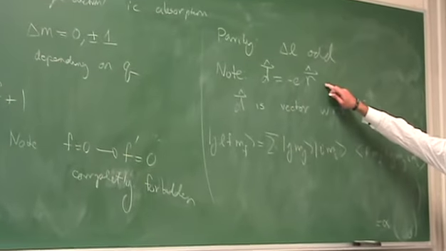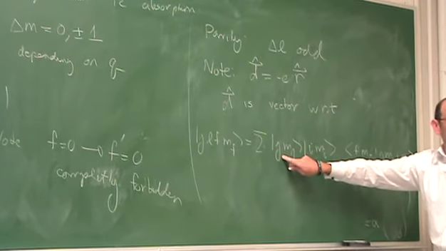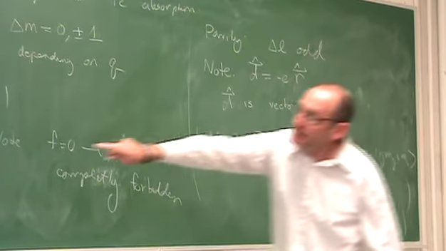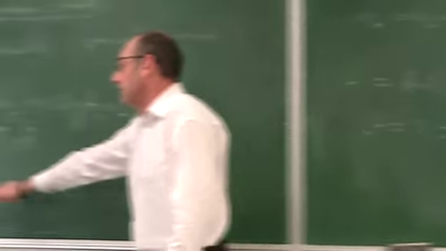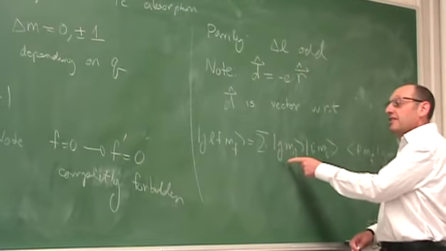Since the dipole operator doesn't act on the nucleus, it only acts on the electron, we will have matrix elements within a given J.